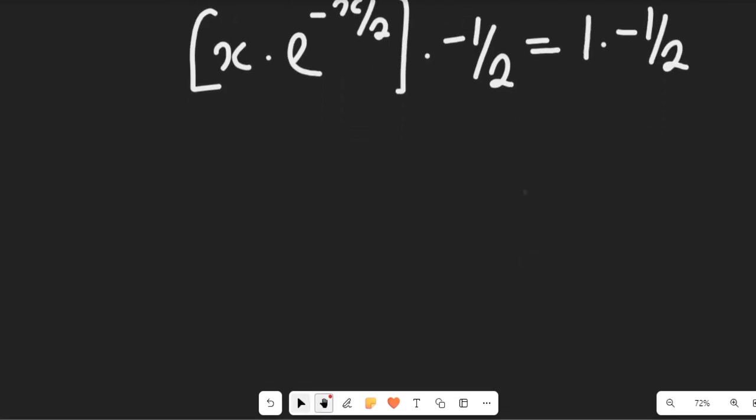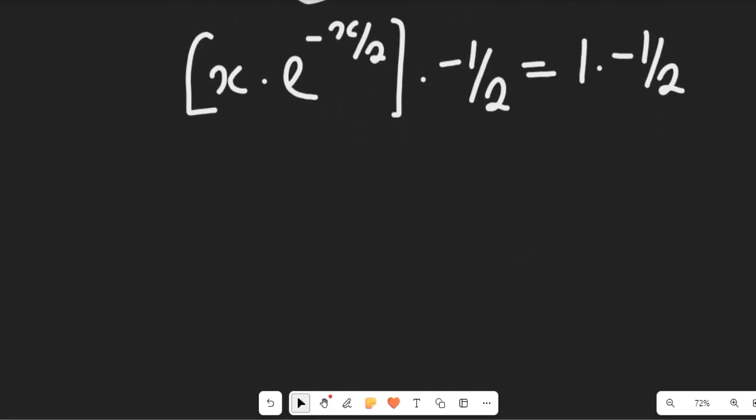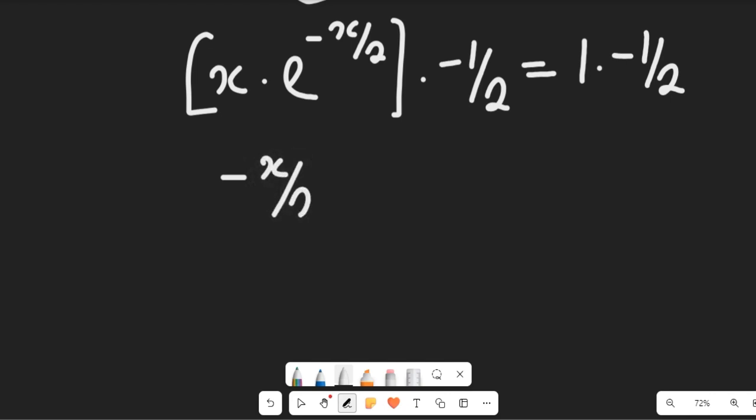Great. Now in this expression, we are going to expand this. This is going to give me negative half times everything in that bracket, which is negative x divided by 2, right?